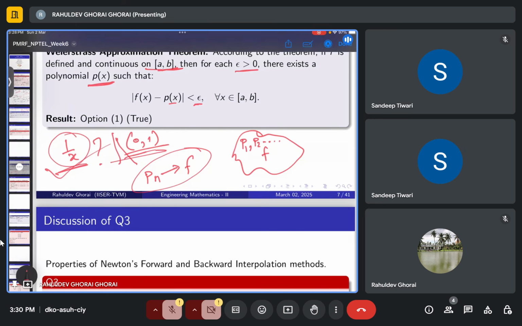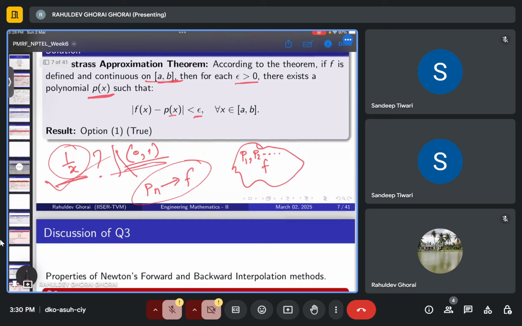Maybe we take epsilon equal to 1, there exists a polynomial, say p1(x), whose modulus of error is less than 1, meaning between -1 and 1. Then f(x) has to be less than 1 plus p1(x) and greater than -1 plus p1(x).